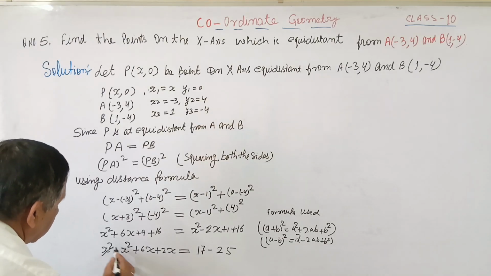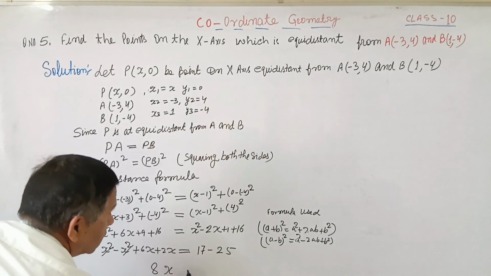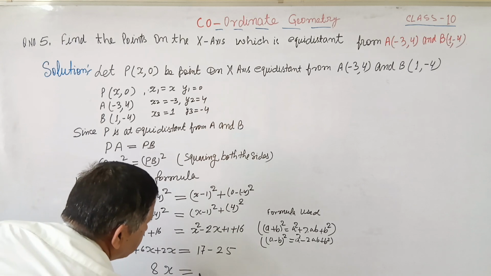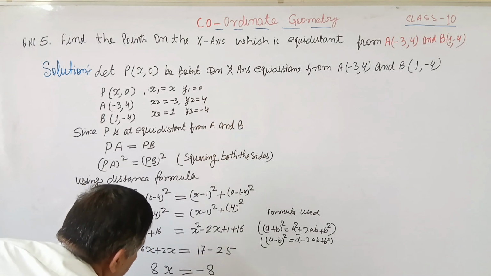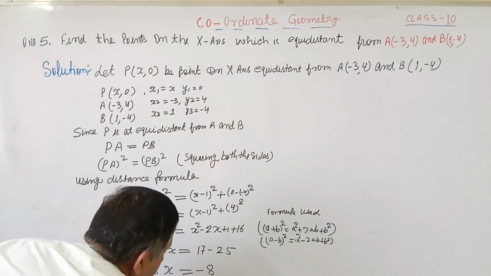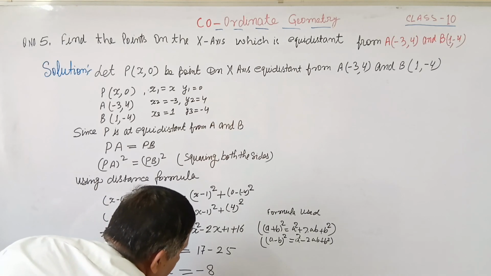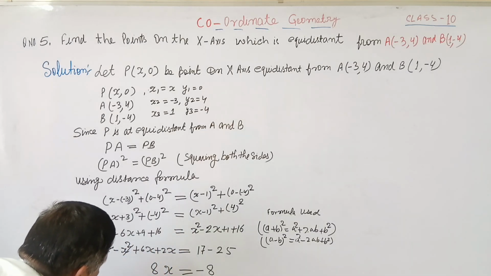So x square cancels x square. We get here 8x equals to minus 8, or x equals to minus 8 upon 8 equals to minus 1. So point P is minus 1 and 0.